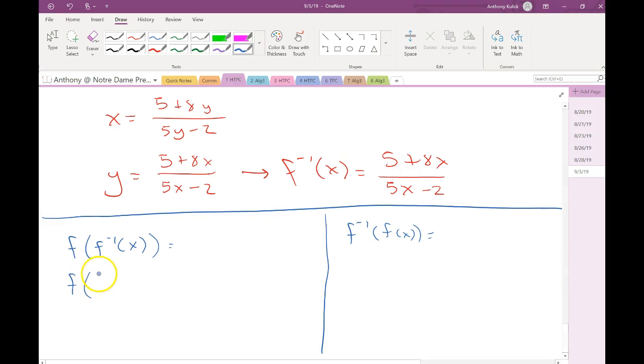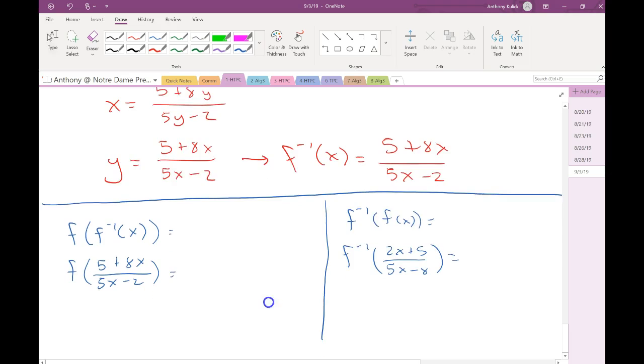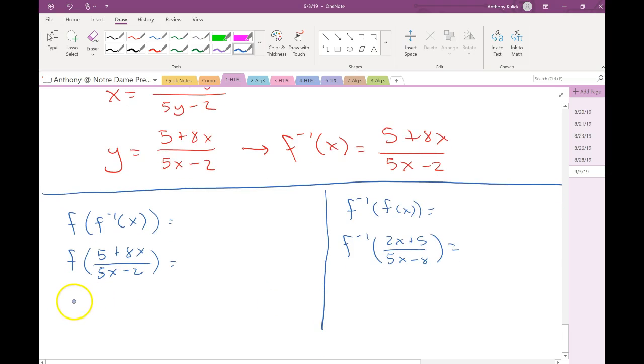So we have here 5 plus 8x over 5x minus 2. And on this one we had 2x plus 5 over 5x minus 8. And so now I'll go ahead and plug this in. So everywhere where there was an x in my f, I'm going to put that set of parentheses, and inside that parenthesis, I'm going to write that.